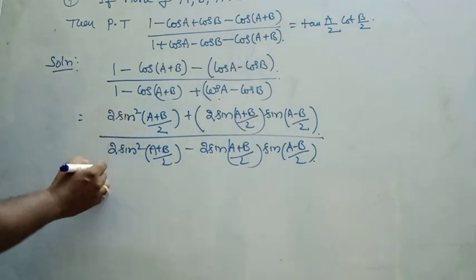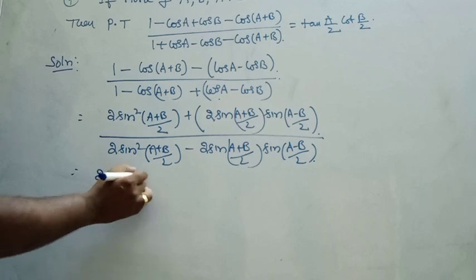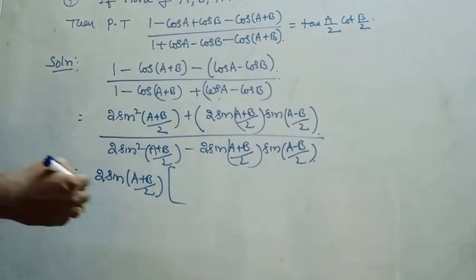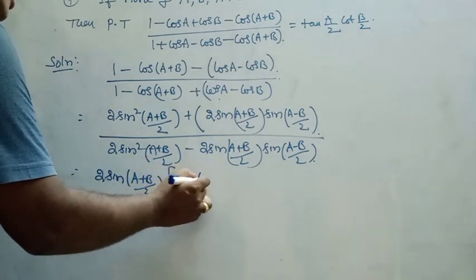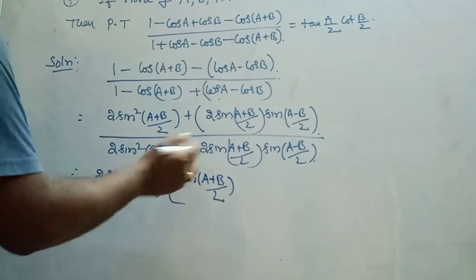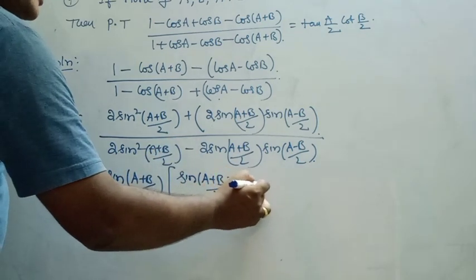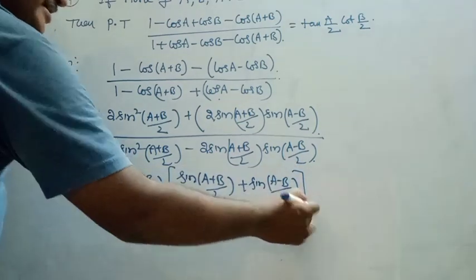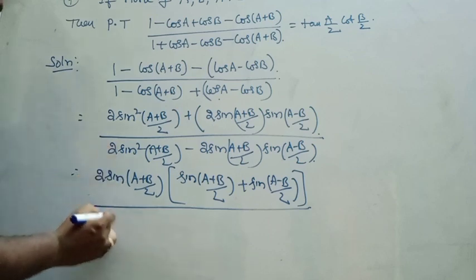Now once we get the things like this, now see how we are going to proceed with this problem. We take 2 sin A plus B by 2 as common. If you take 2 sin A plus B by 2 as common, now this becomes sin A plus B by 2 plus sin A minus B by 2, this whole thing divided by, right, my dear students, here also 2 sin A plus B by 2.